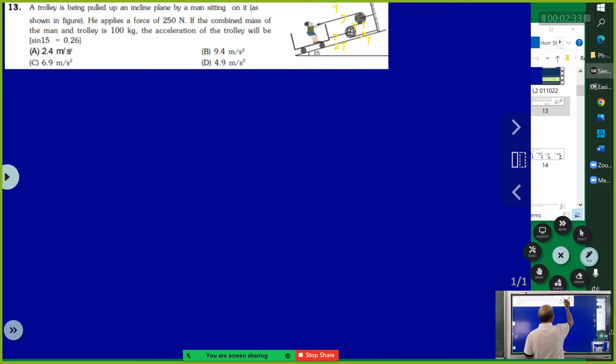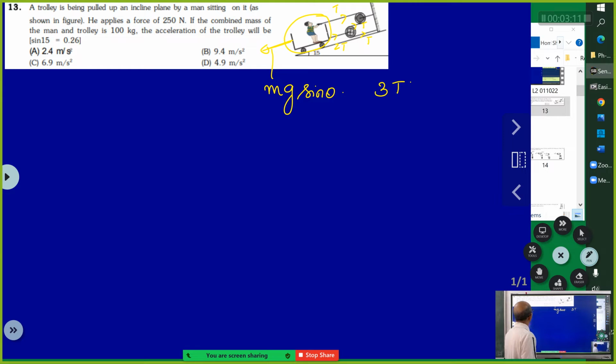Now if you see this system, you can see T and 2T acting in the upward direction, and the other force acting is in this direction due to his weight. So this will be mg sin theta, and the sum of all the forces on this side is going to be 2T plus T, 3T.